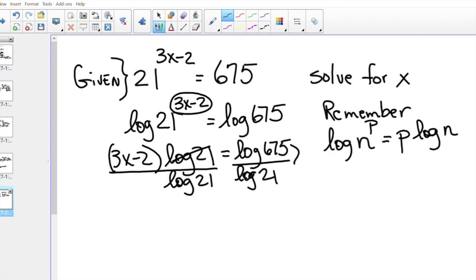Now go to your calculator and put log. Now remember, it'll probably open up a parenthesis. If it doesn't open a parenthesis, you put a parenthesis and put 675 in parentheses and close it around 675. Divided by log 21 in parentheses equals.